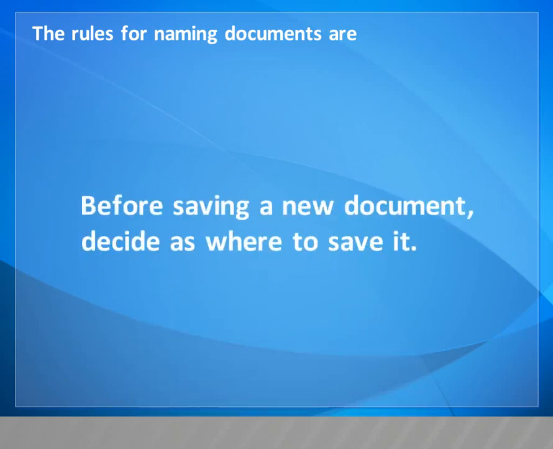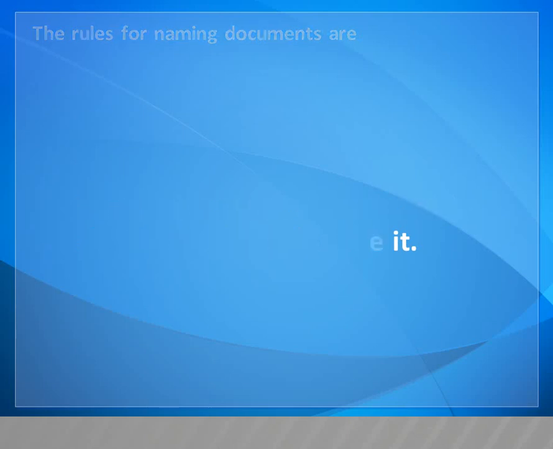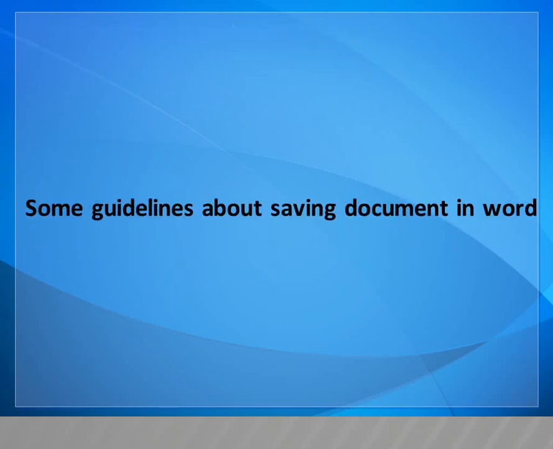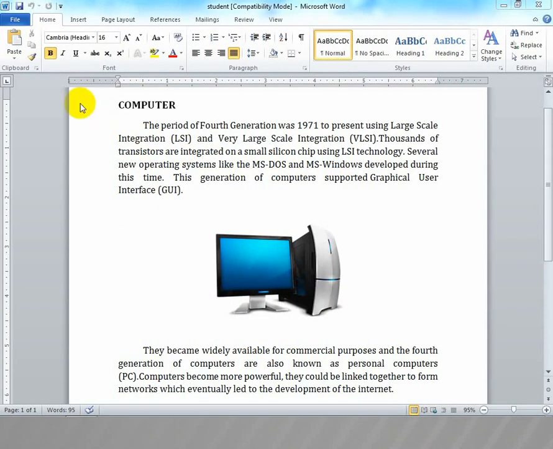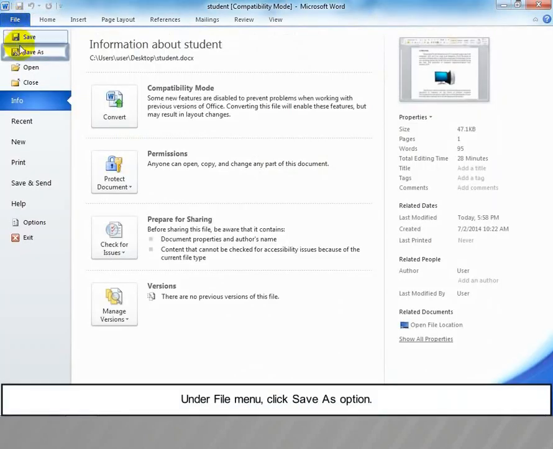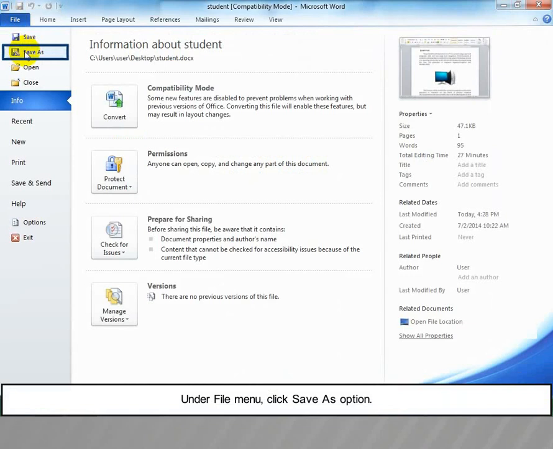Before saving a new document, decide where to save it. Some guidelines about saving documents in Word. Under the File menu, click the Save As option.